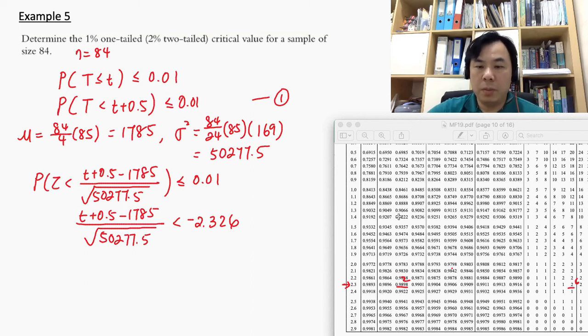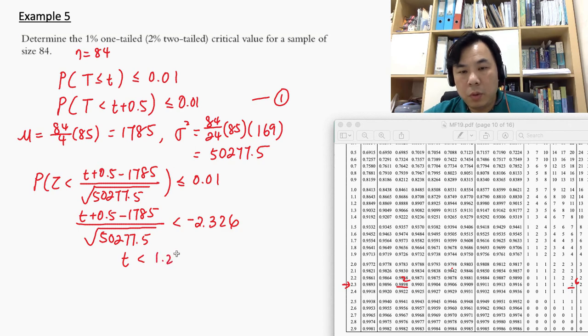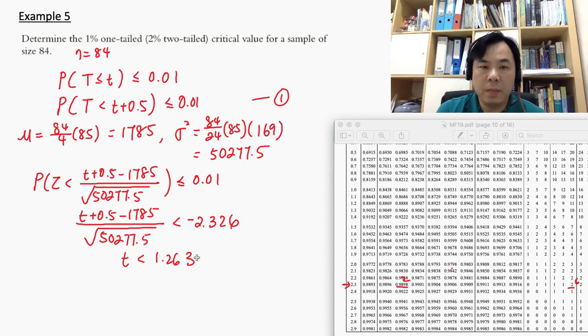So there will be 1, and then finally we have 0.5. So the final answer will be t less than 1.263. So I hope that is clear at this point.